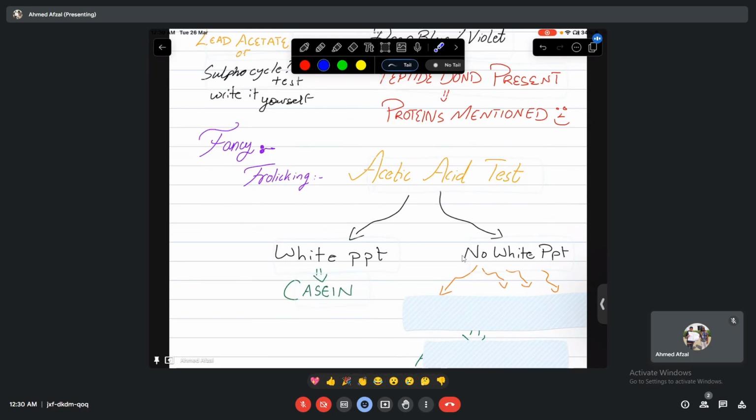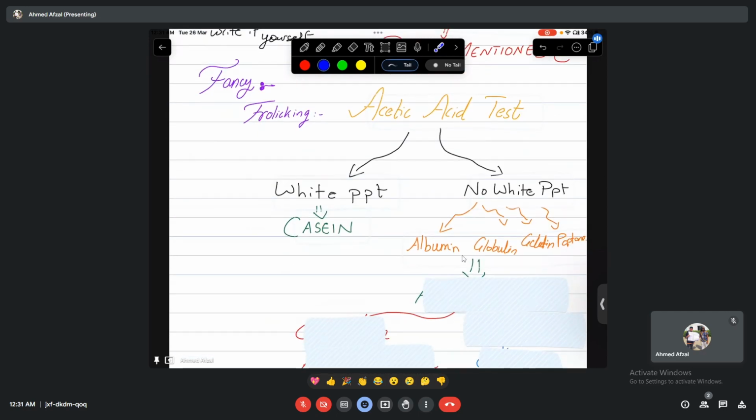You got your answer. But if there is no white PPT formation, it could mean four different things. It could mean that globulin is present. It could mean that gelatin is present. It could mean that peptone is present, or it could mean that albumin is present. Okay? Could be either of those.